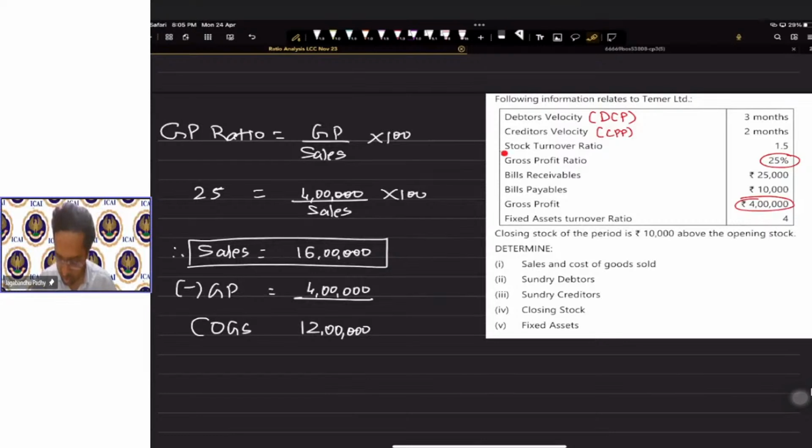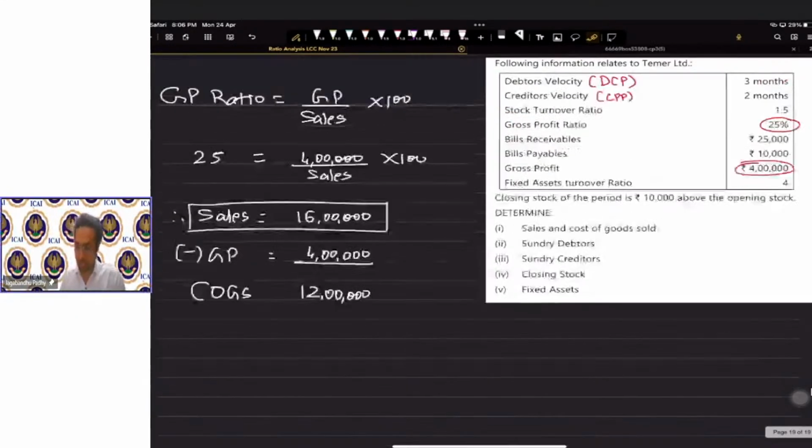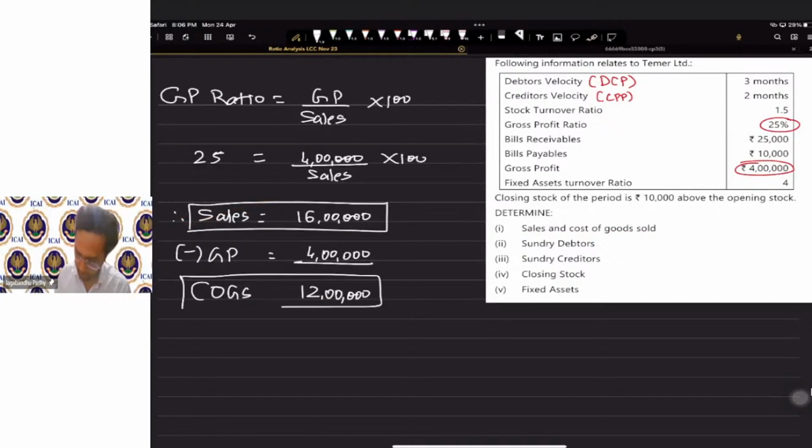Related to COGS, we have the stock turnover from sales. We can take the debtors velocity also, right? So sales is done. COGS is also done, guys. That's also pretty easy. Now what we want is the sundry debtors, sundry creditors, and the closing stock.